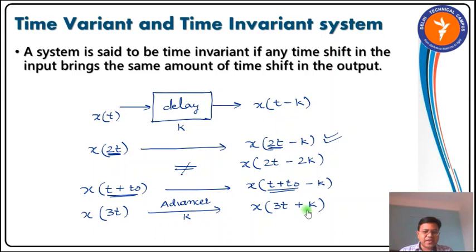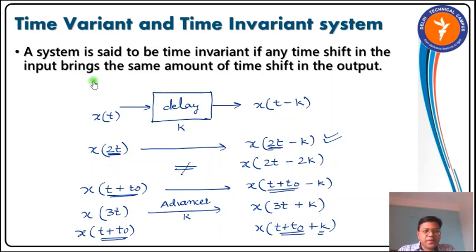That is, it is pre-scheduling the time by the factor k. Similarly, if I input the signal t plus t naught into this advancer, then I will get x of t plus t naught plus k. See here, the whole time has now been shifted.